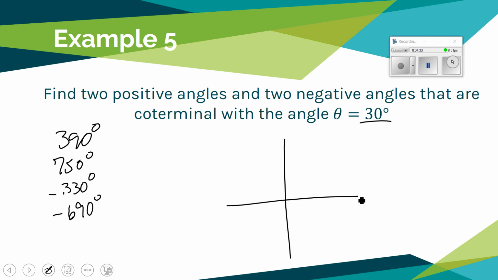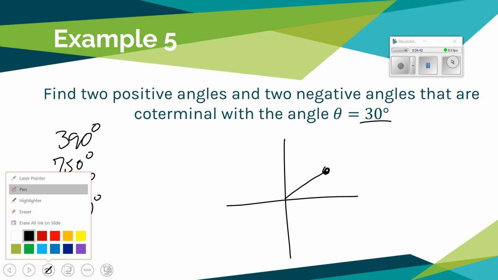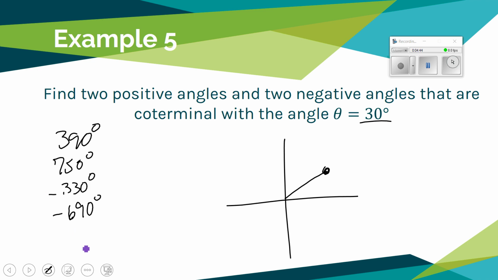All right, so we started at 30 degrees. Everybody understand that? I'll do them in colors. I want to know another rotation that would end me in that same position, always starting here.